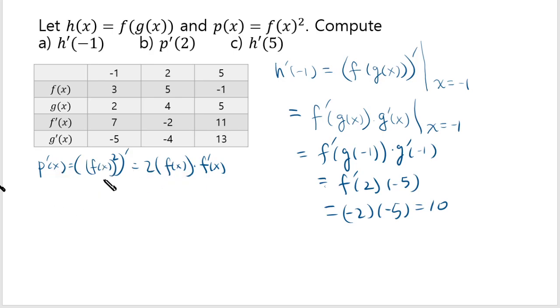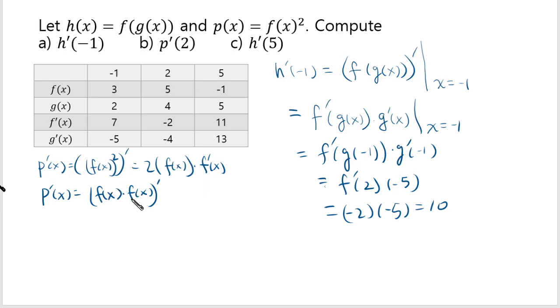Now, if this looks confusing, there's still another way to differentiate it, which is to say that f of x squared means f of x times f of x. Everyone knows that, right? What's a square? That's like that thing times itself. But if you write it this way, then you can avoid the chain rule because it's no longer a nested function.